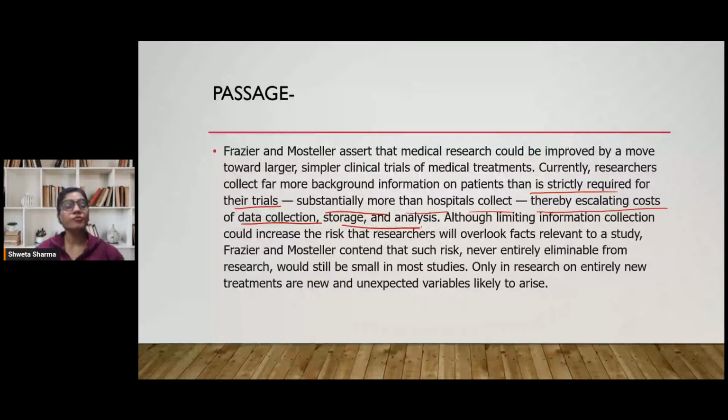Although limiting information collection could increase the risk that researchers will overlook facts relevant to a study, Fraser and Mosler contend that such risk, though never eliminable from research, would still be small in most studies. Only in research on entirely new treatments are new and unexpected variables likely to arise.